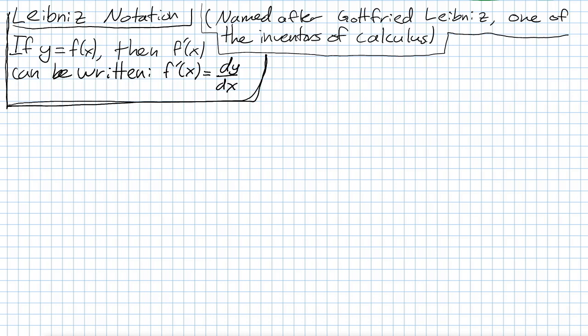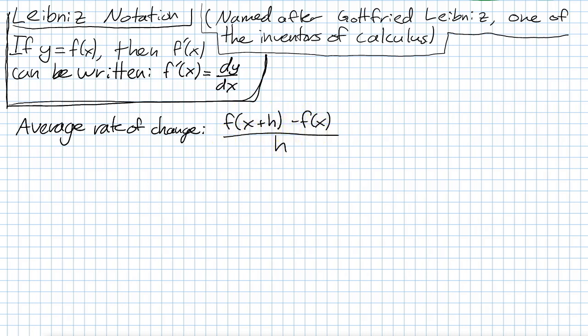So first of all, let's remember what an average rate of change is between 2 points. You can think of this as f of x plus h minus f of x divided by h.